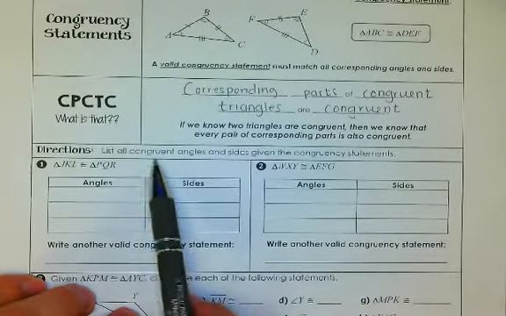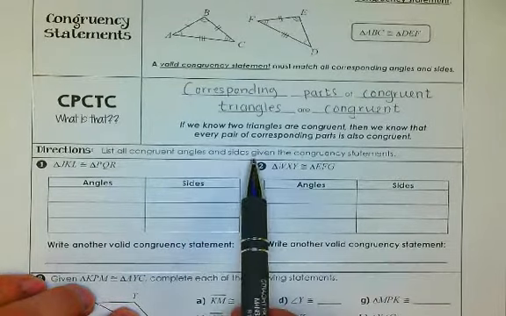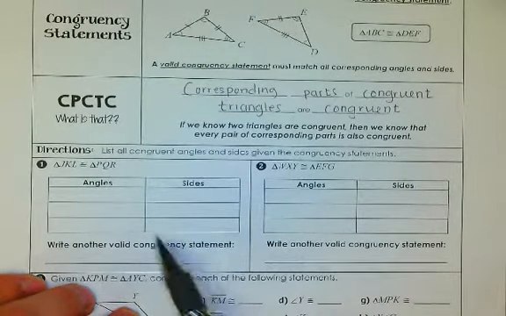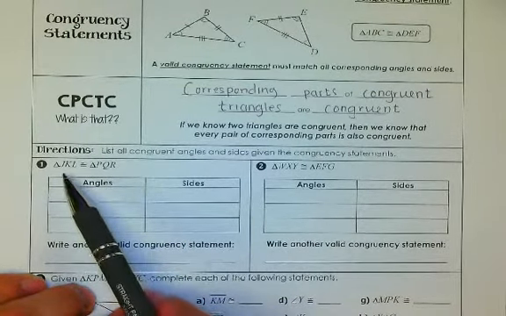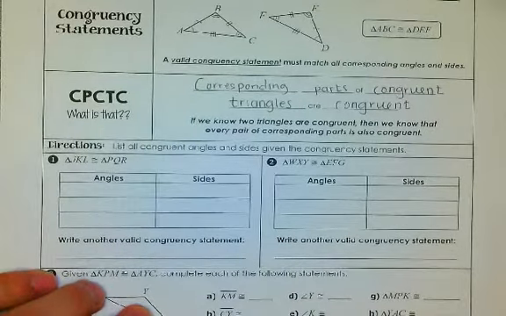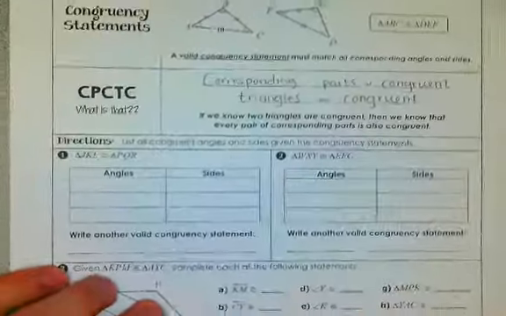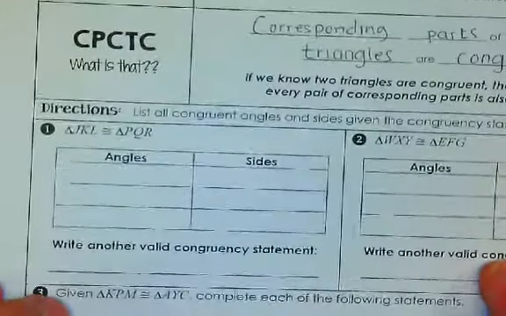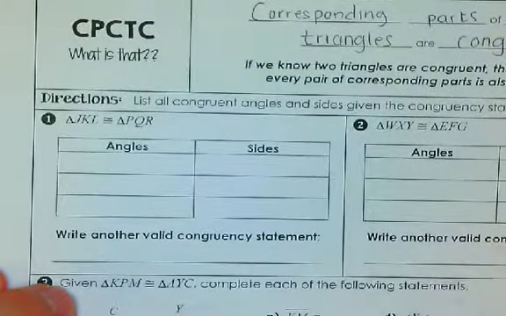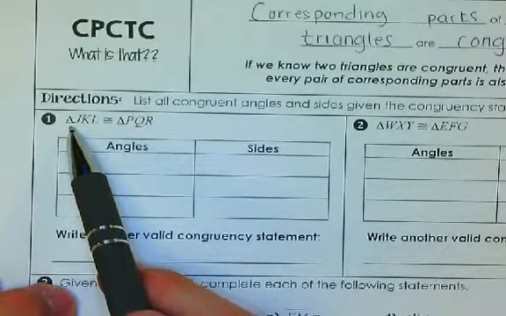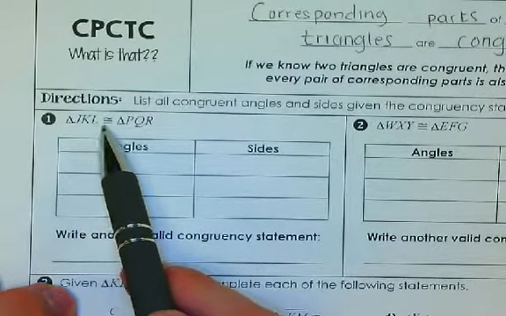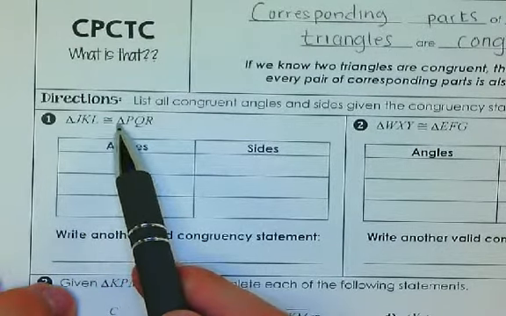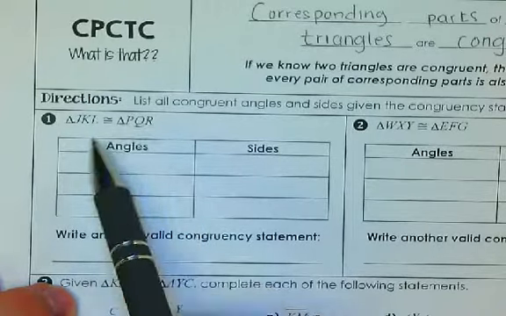The directions tell us to list all congruent angles and sides given the congruency statements. I'm going to work example number 1 right here. So let's zoom in on that real quick. Whoops, sorry about that. Number 1 says triangle JKL is congruent to triangle PQR.